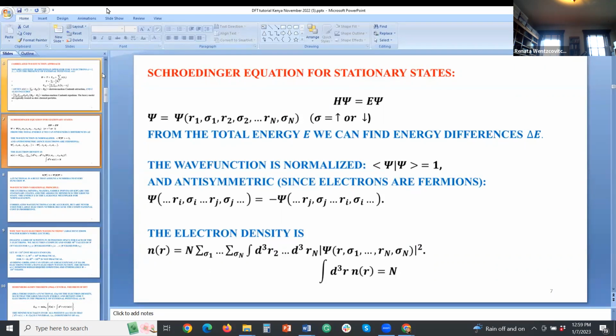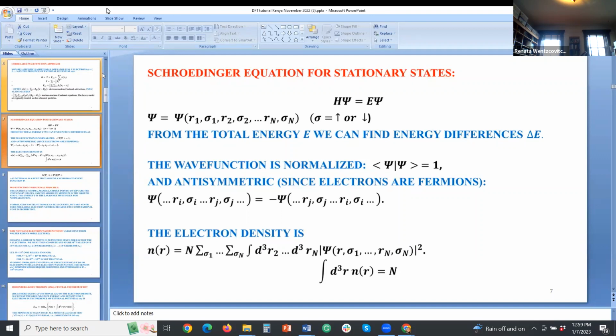The n-electron wave function is normalized so that its scalar product with itself is equal to 1. It also has a probability interpretation like the one electron wave function. The wave function is also anti-symmetric because electrons are fermions.